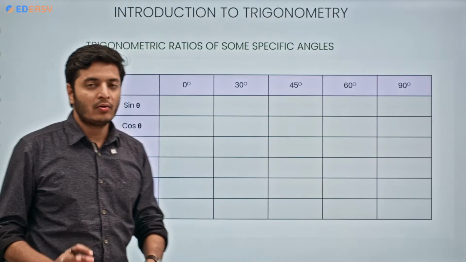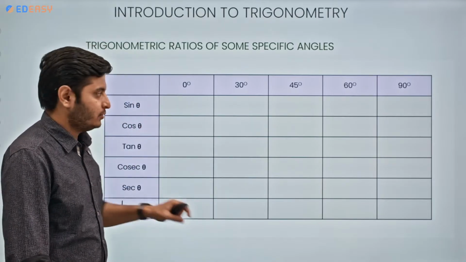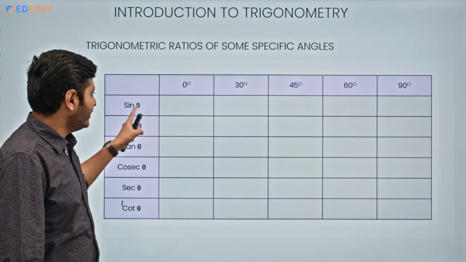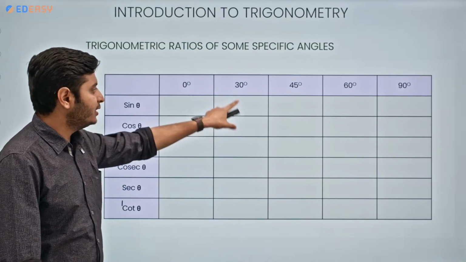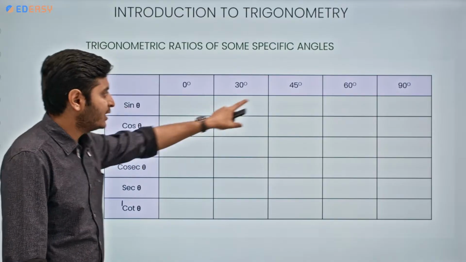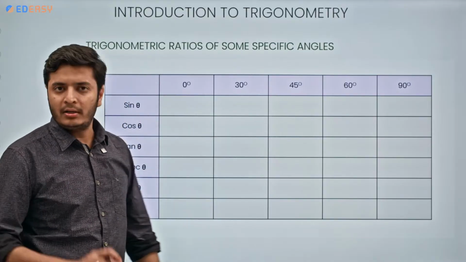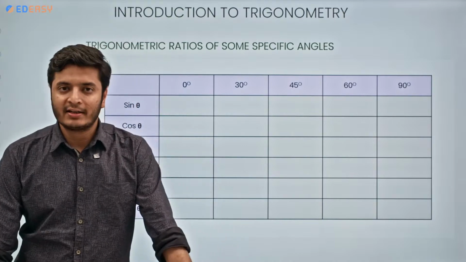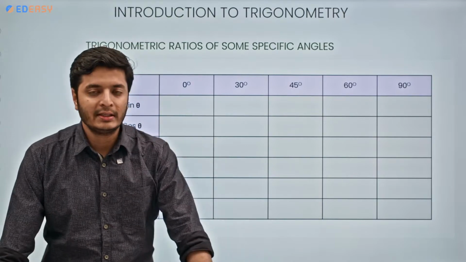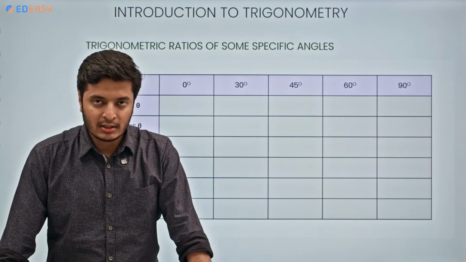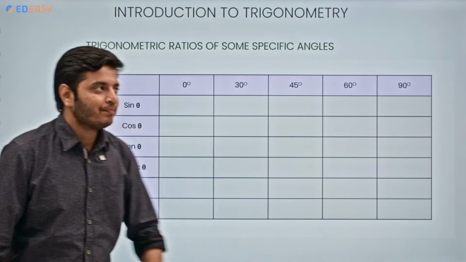Correct? Now, how to fill up the values? What is sine 0 degree? What is the value? It should be written here. Sine 30 degree should be written here. Sine 45 here. But how to create this? What is the trick behind this? If you are not able to remember this completely, then I'm gonna tell you a trick now.